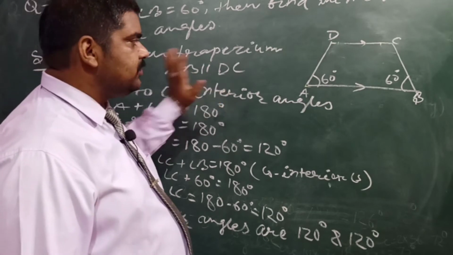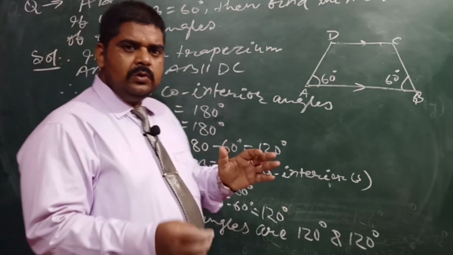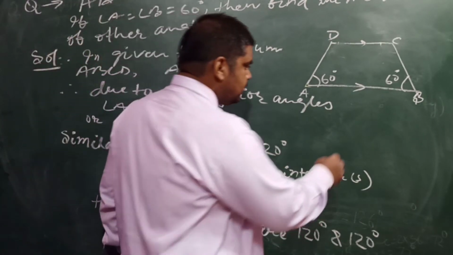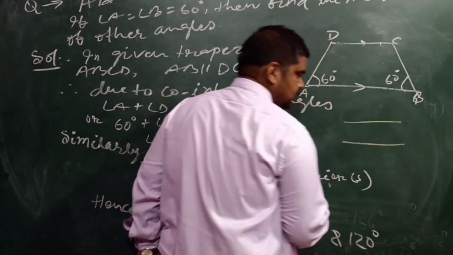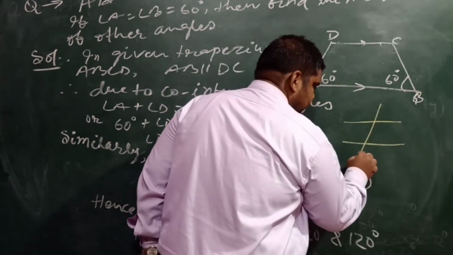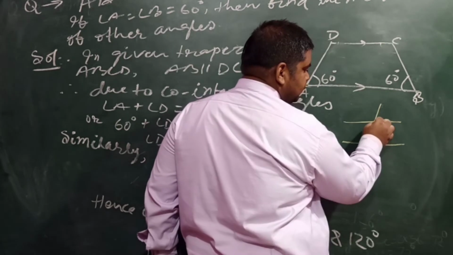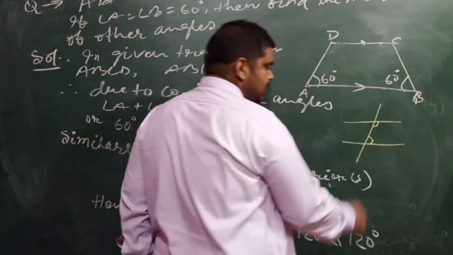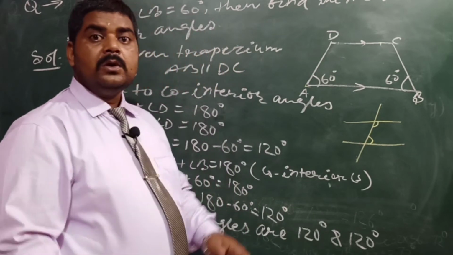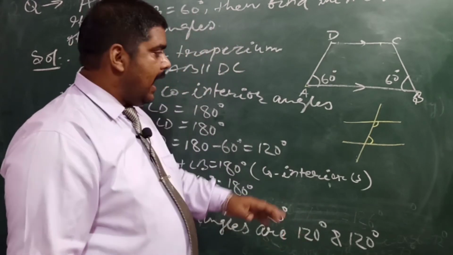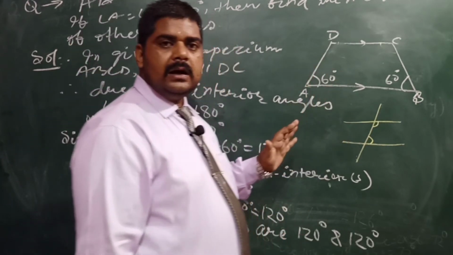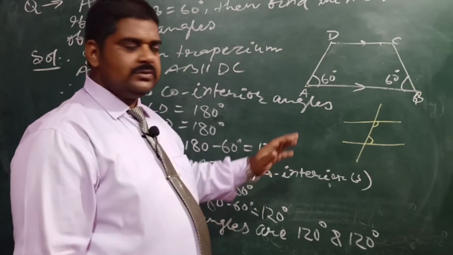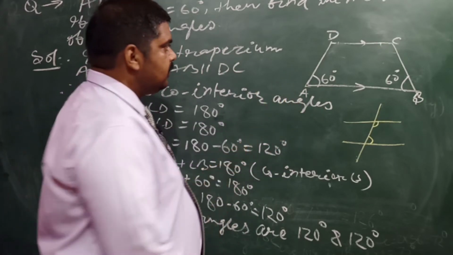You can see that in the given trapezium AB is parallel to DC, and you know very well that when two parallel lines are intersected by a third line at two distinct points, the sum of co-interior angles is equal to 180 degrees, and you have to apply the same characteristic to solve this question.